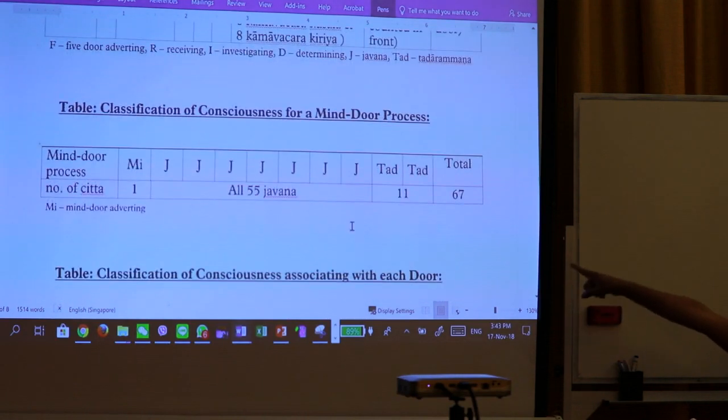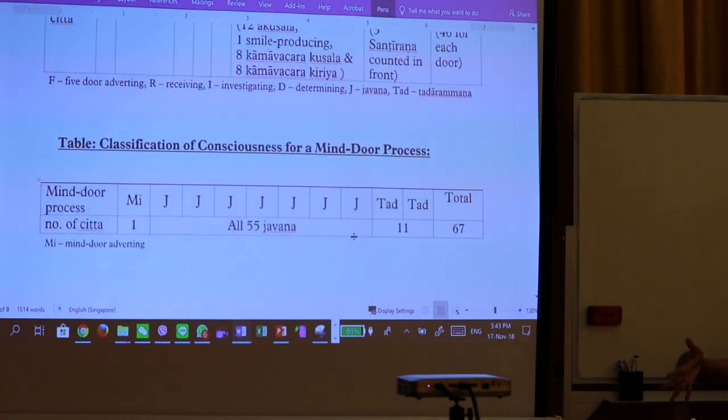I have to edit this, because after jhana there is no tadaramana; it never arises. After the jhana moment, no registration mind ever arises. It just falls to the bhavanga.